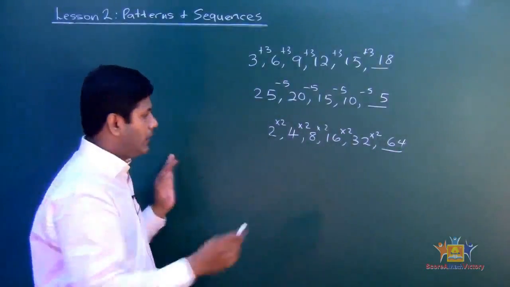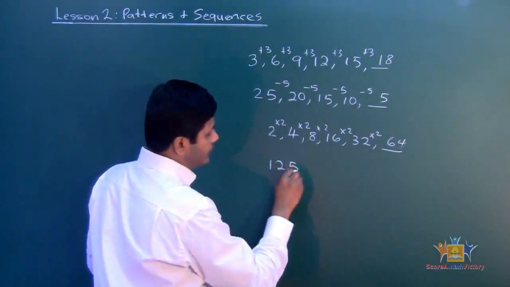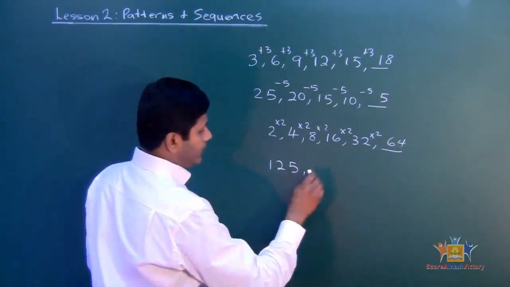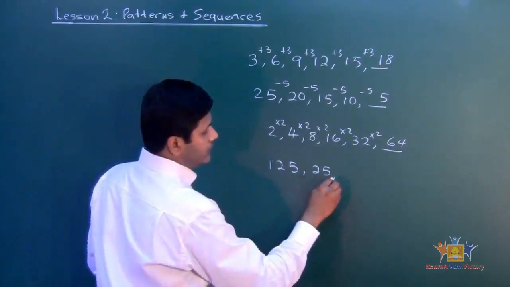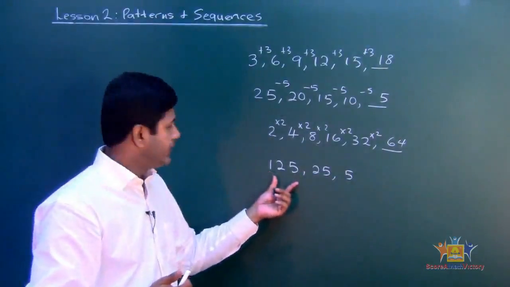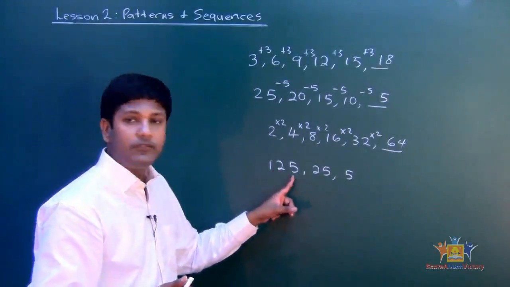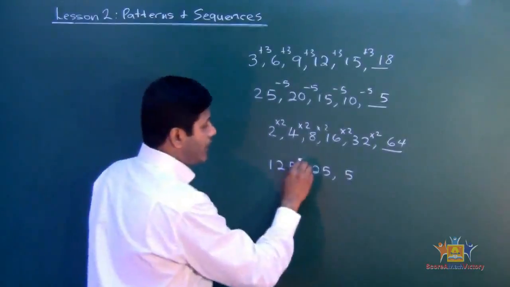See that? How about this one? Let's say I give you 125, and then 25, and then 5. What kind of pattern is that? I'm taking 125 and dividing it by 5.